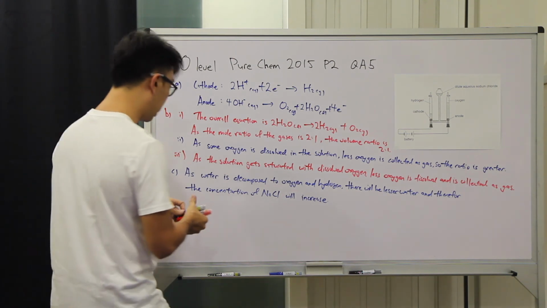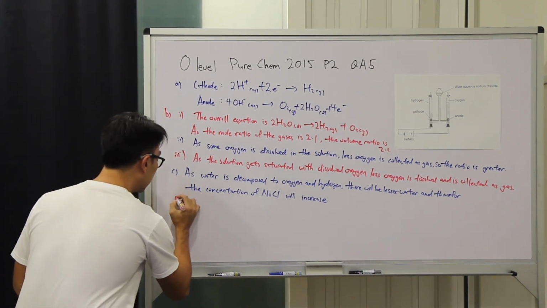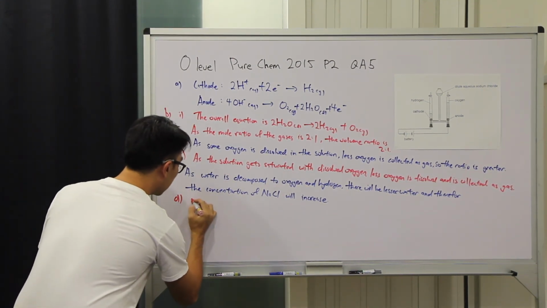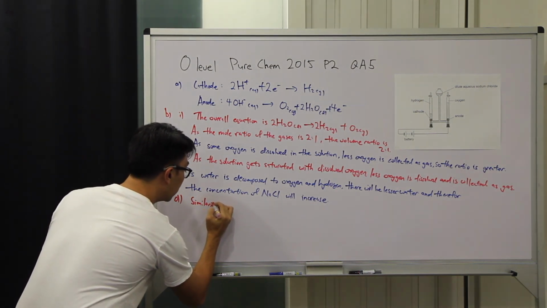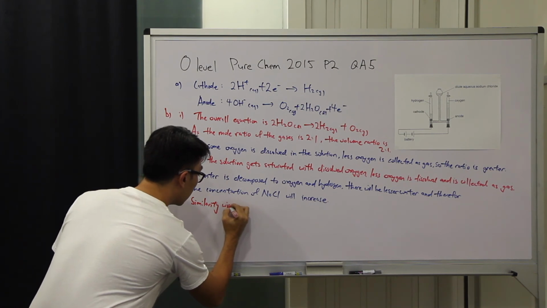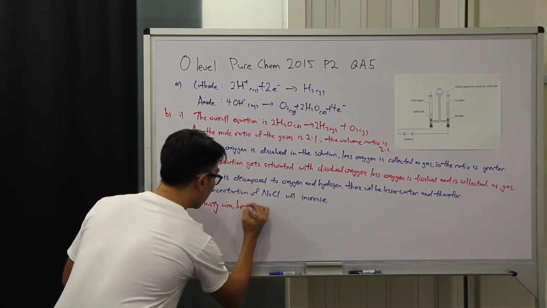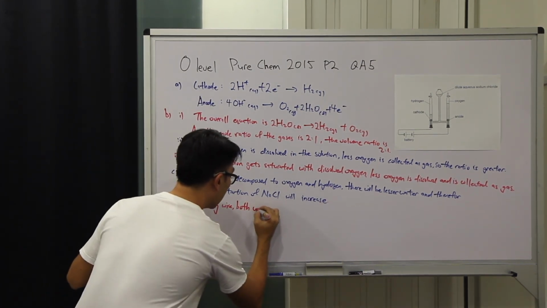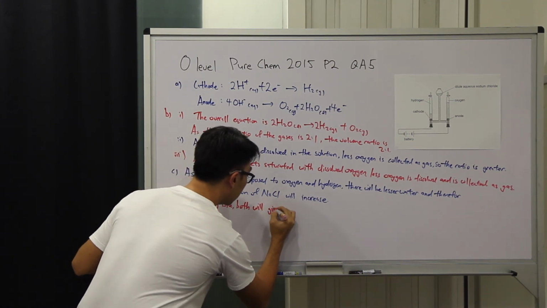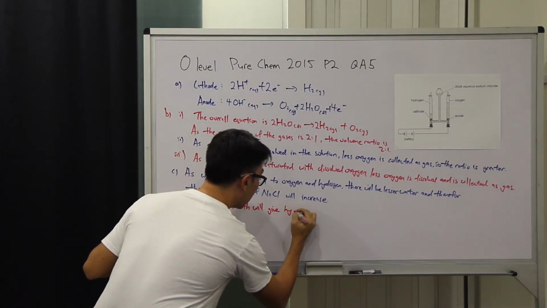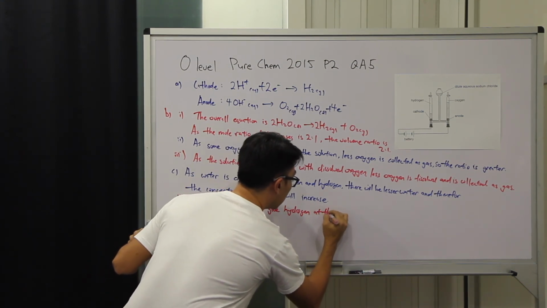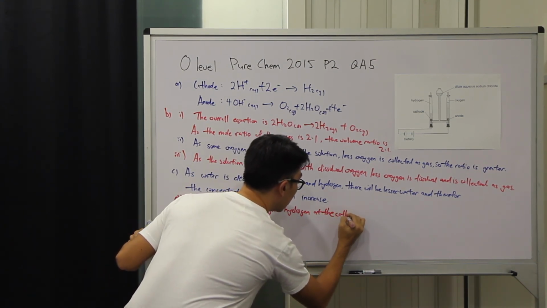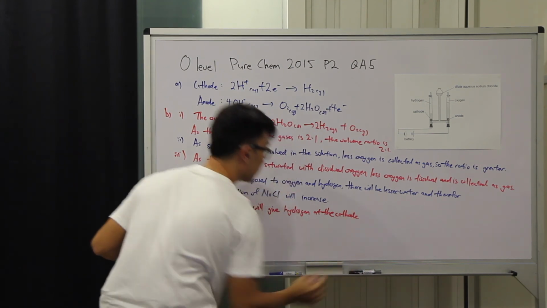So if we look at the similarity first, similarity wise, both will give hydrogen at the cathode.